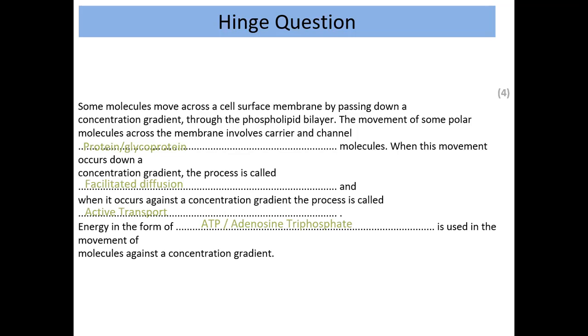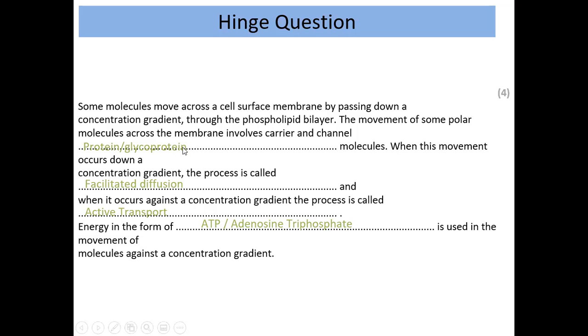Now, the biggest issue that people come up with when they answer this question is this one here: when movement occurs down a concentration gradient, the process is called facilitated diffusion. What we often find is lots of people put diffusion here, or sometimes they even write osmosis. But we've mentioned the carrier and channel proteins, the glycoproteins.